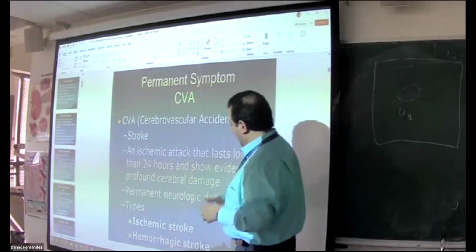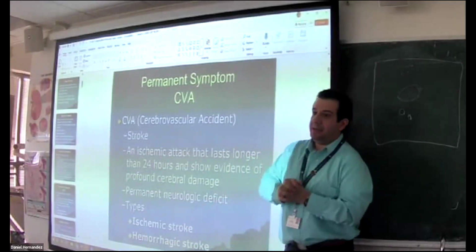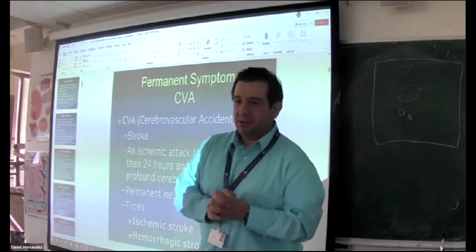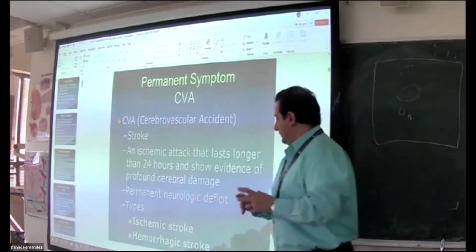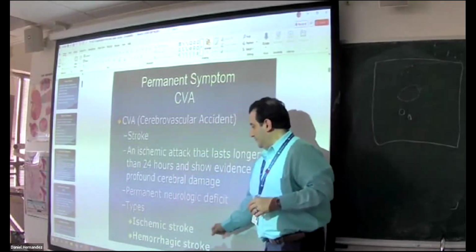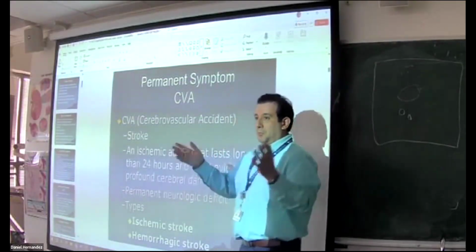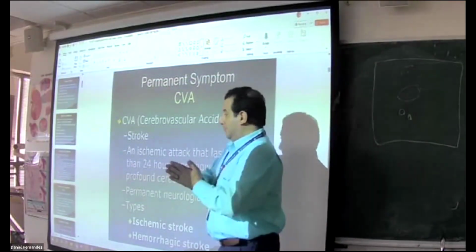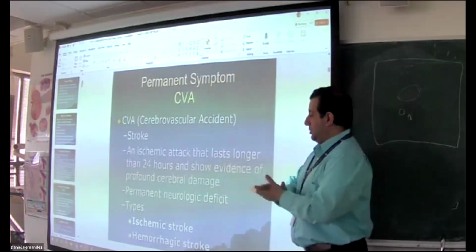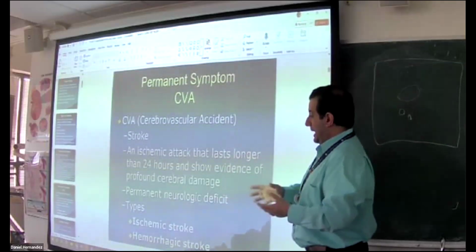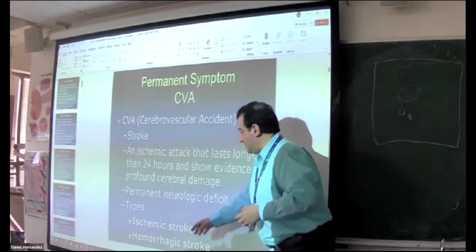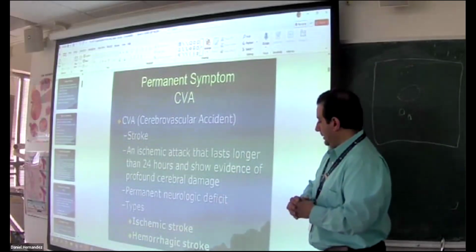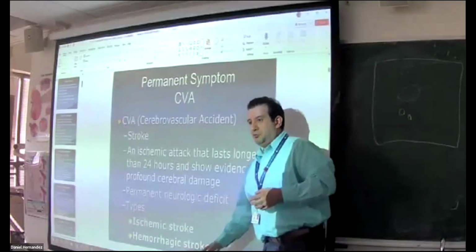And then with stroke, you also have to keep in mind there are actually 2 kinds of stroke. So there's ischemic stroke. The term ischemia, we think of reduced perfusion or blood flow. So something has limited the amount of blood flow getting to the brain, the tissue is starving for blood and starts to become damaged because there's reduced blood supply. And then we also have hemorrhagic stroke.